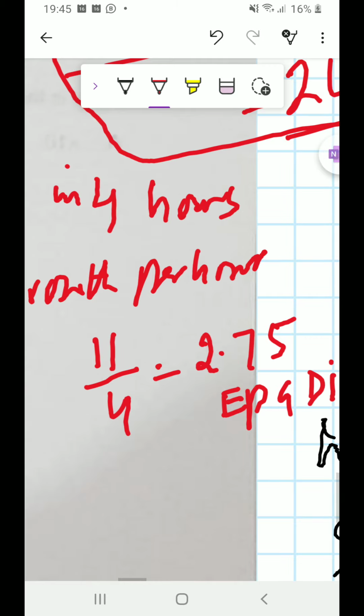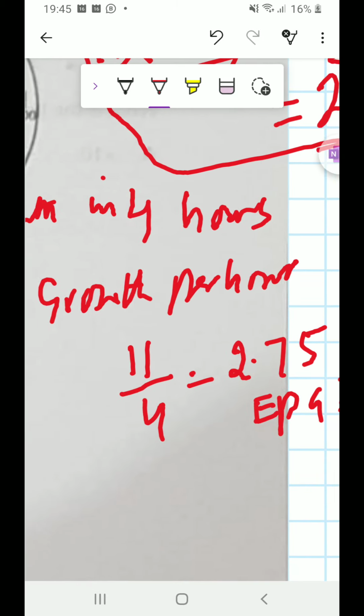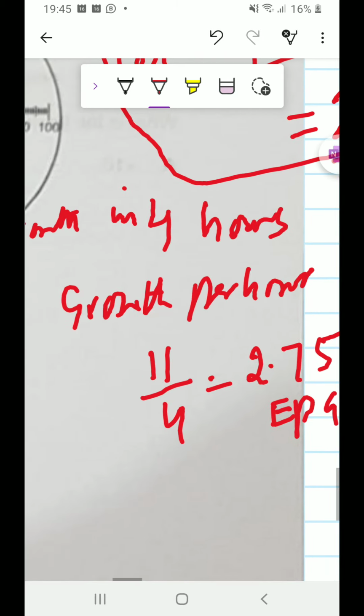So this is the growth per hour in EPG divisions.